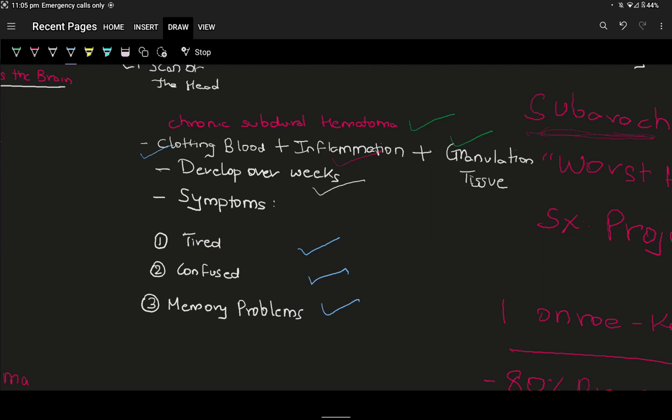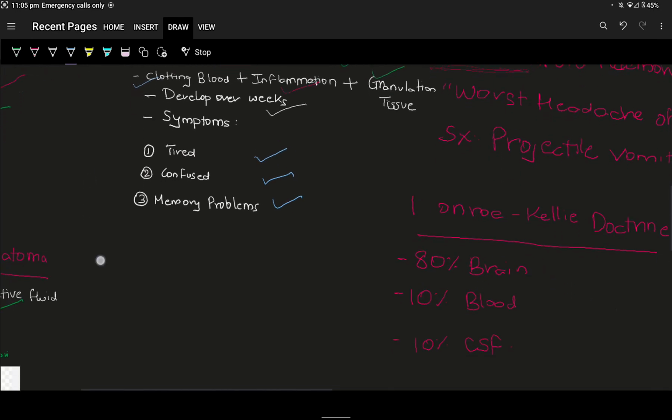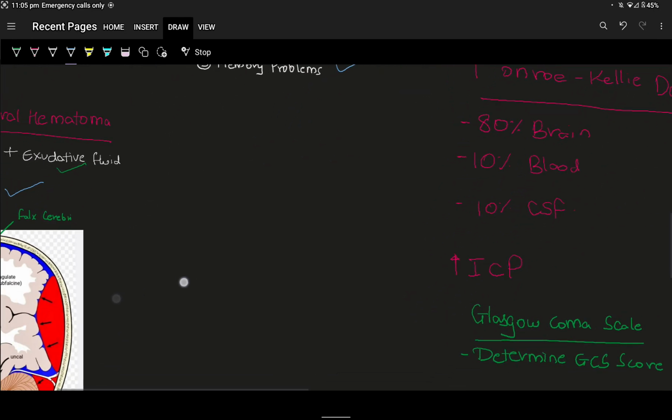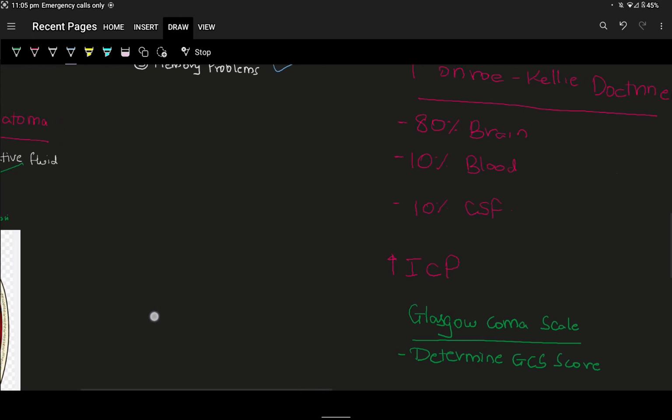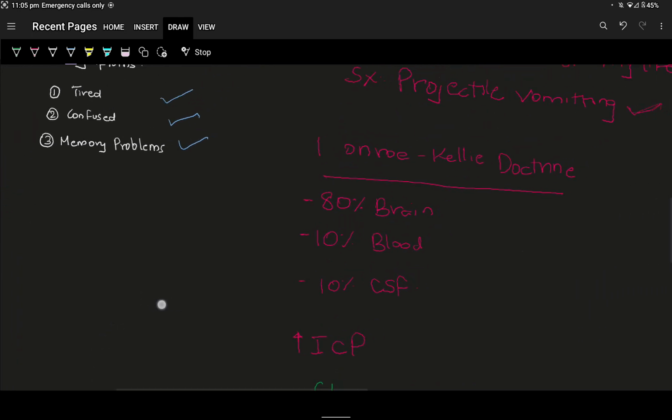Usually, the memory problems are related to the words which they use in their day to day activities, and that might be an indicator that it is a subdural hematoma.